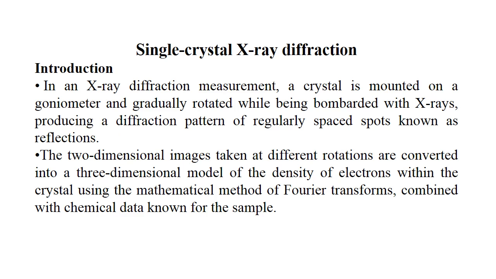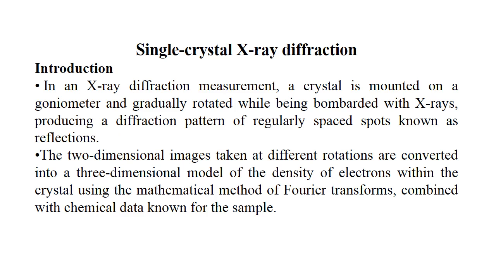The two-dimensional images taken at different rotations are converted into a three-dimensional model of the density of electrons within the crystal using the mathematical method of Fourier transforms combined with chemical data known for the sample.